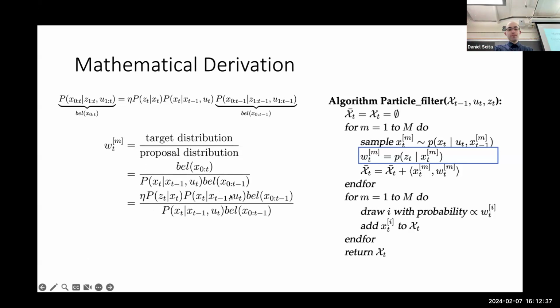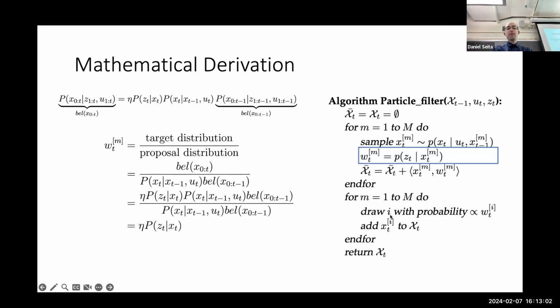And then if you substitute what we have here and simplify, your weight is equal to the observation probability, the probability of seeing your observation vt conditioned on the fact that your true state is xt. And that's what the second for loop is doing.